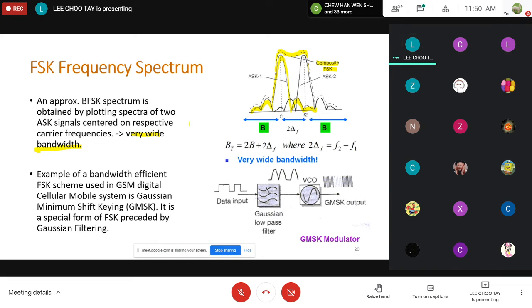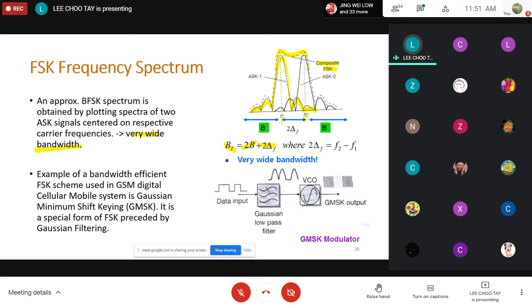So again, the bandwidth of the FSK is basically two times the bandwidth of each ASK, plus 2 delta F. Delta F is the frequency separation between F1 and F2, the difference between F1 and F2.